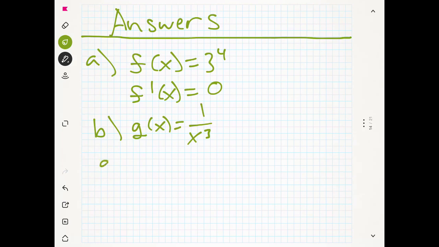Just remember something. Going back to your exponents rules, if you see something like 1 over x to the power of something, all that means is that it can be represented as x to the power of -3. So it means the exact same thing. These two mean the same thing.